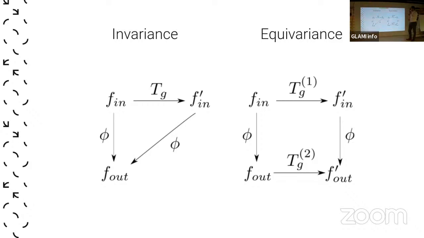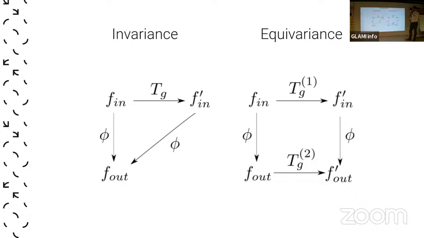But I think the most illustrative case is when, for example, the task is segmentation and the inputs are images, and PG is, for example, a rotation of this image. Then in case of equivariance, we are asking the model to rotate its output with respect to how much we rotate the input.